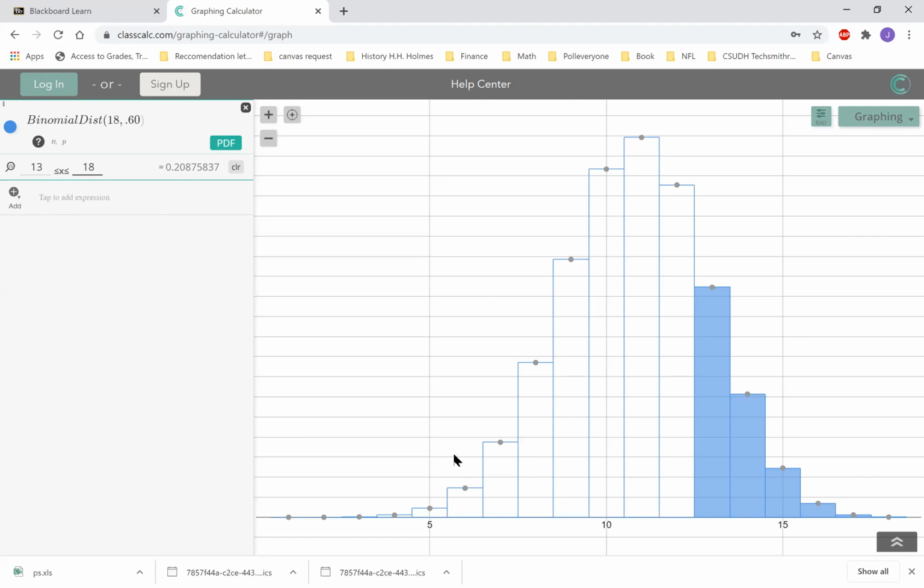So remember, anytime it says more than, the x has to be bigger than that value. You just need to know the difference between more than and at least, because it will drastically change your answer. Let me go back to my notes so you can see how I enter it.